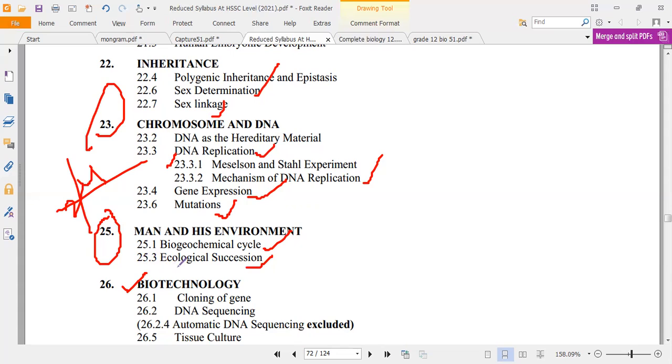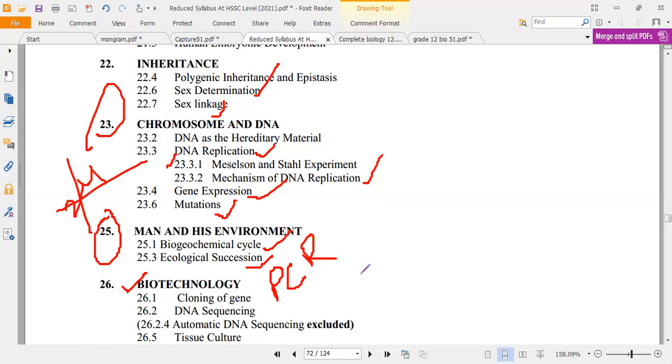Then we have polymerase chain reaction, that is called PCR, that is very familiar and very helpful regarding identification of coronavirus nowadays. So that reaction is also included, like that is the diagnostic technique. And the other one is genomic library, that is also included in this.